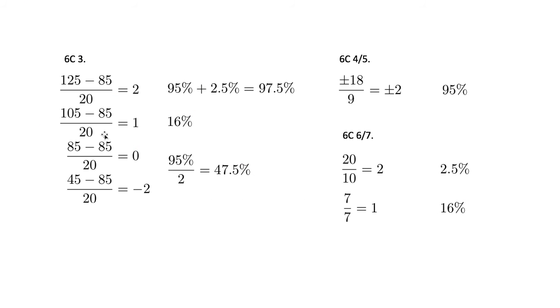So that's what I've done here. This is the z-score for 125. You subtract the mean, divide by the standard deviation, and you get 2. For 105, you subtract the mean, divide by 20, you get 1. For 85, 0. For 45, -2. So we have the z-scores for all of those different values.